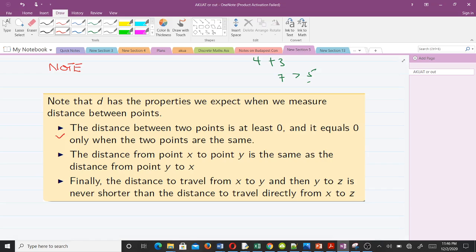Then the second one says the distance from point x to y is the same as the distance from point y to x. And the last one says the distance to travel from x to y and then y to z is never shorter than the distance to travel directly from x to z. Okay, so that's the third point, which has been explained. Okay, so now let's move on.